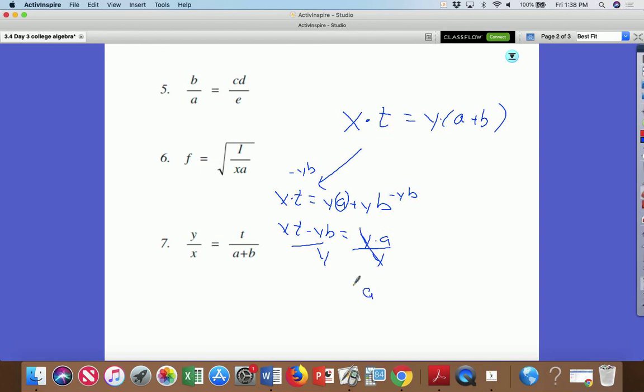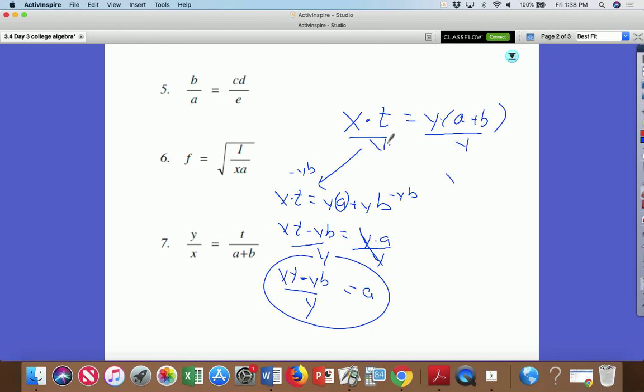If you have that, fantastic. If you want a different direction, you maybe could have divided everything by y and then subtracted b. And that's good too. So let's divide by y.